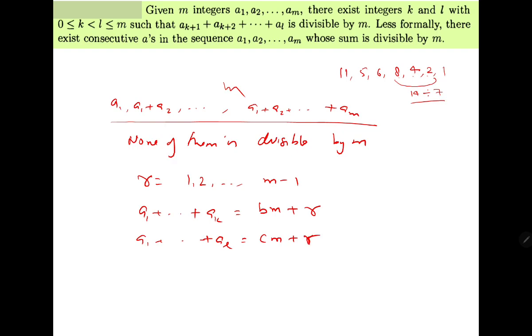Both have the same remainder. Now since both have the same remainder, if you subtract one from the other, then it would be a(k+1) and so on till a(l), which equals (c minus b)m. Clearly you found a sequence which is divisible by m.